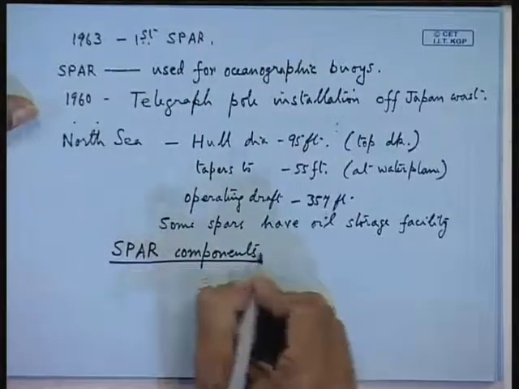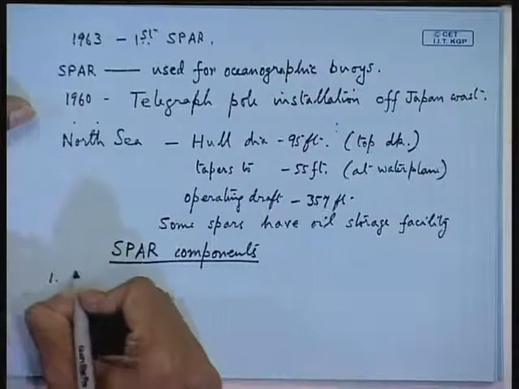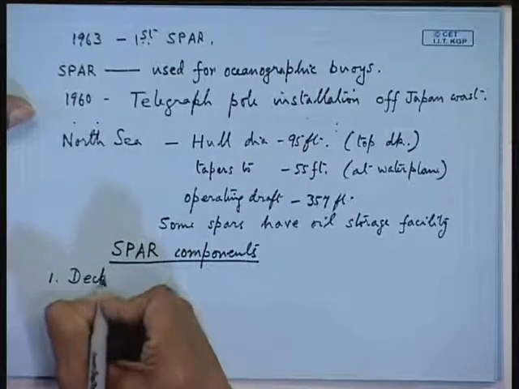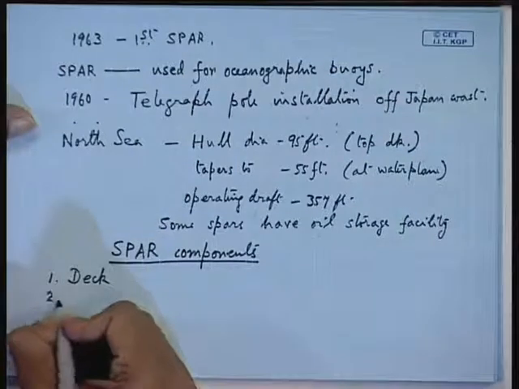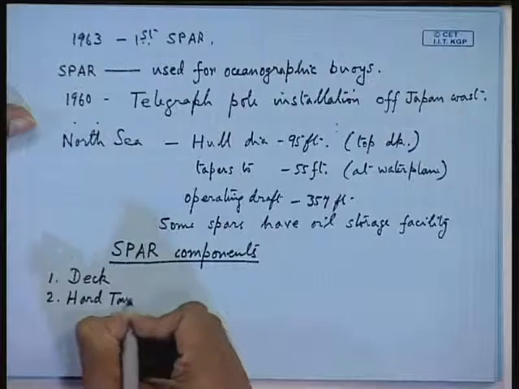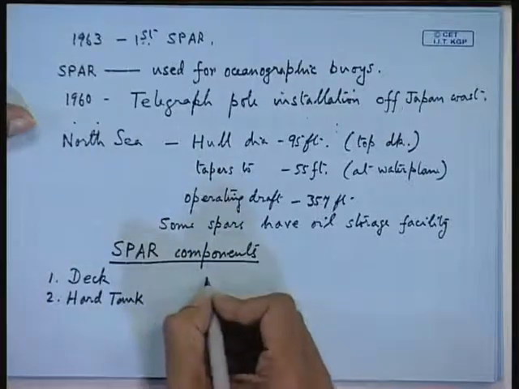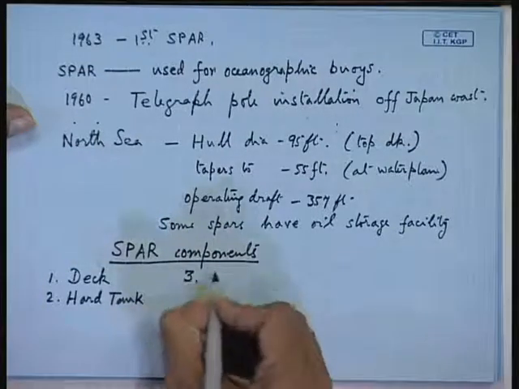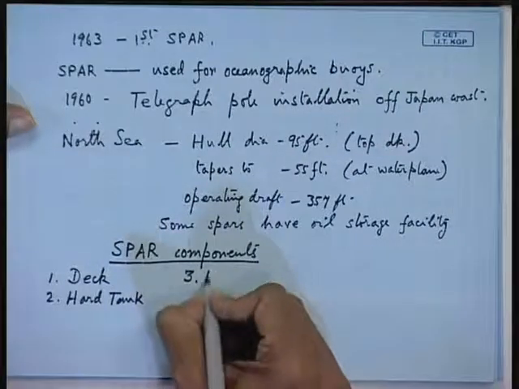Spar components you will find: the first is you have to design the deck, next is the hard tank, next is the midship section, or sometimes this is called the mid section.